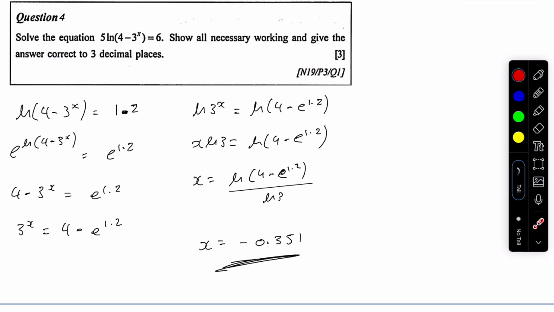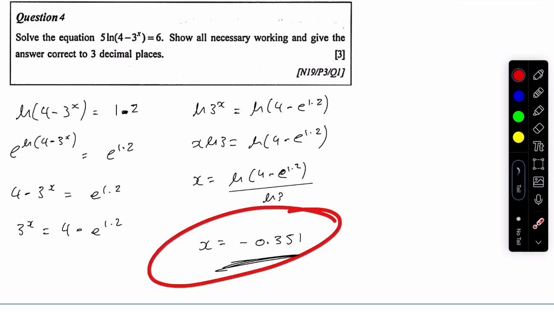So we've divided by 5 here. And from here, it's just been a case of saying, well, listen, we've got e to the ln of 4 minus 3 to the x is equal to e to the 1.2. And we were able to solve x as a result. Simple as that.